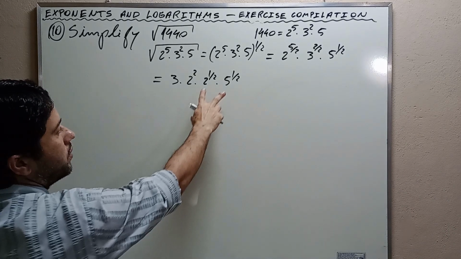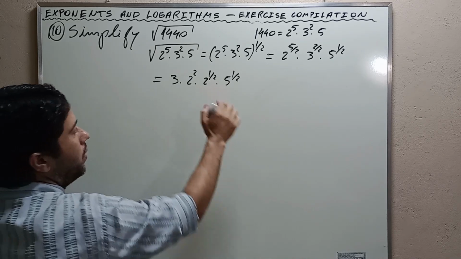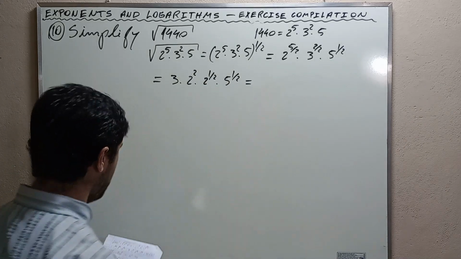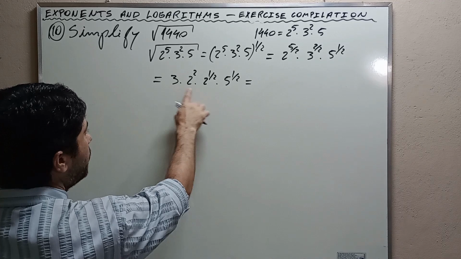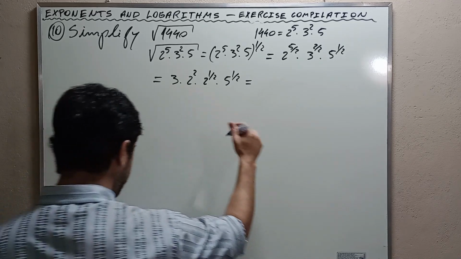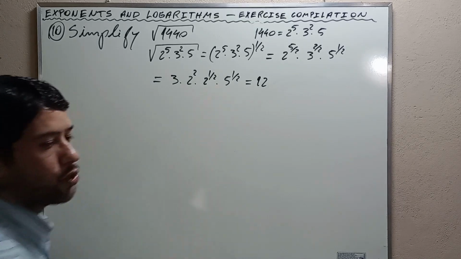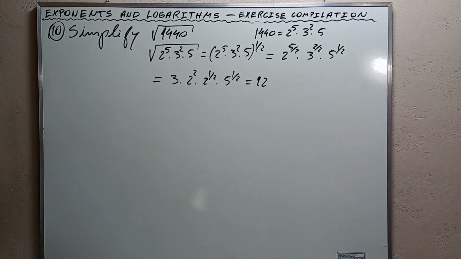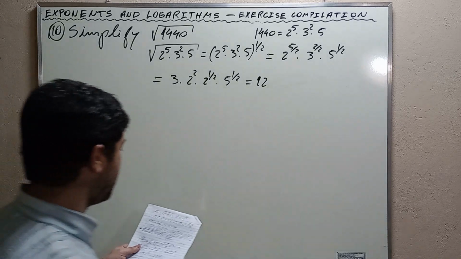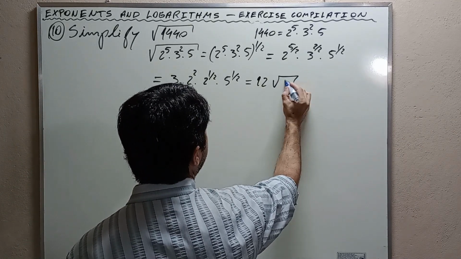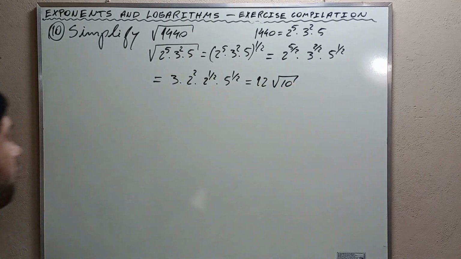And combining these two here, we find that it is equal to 3 times 4 is 12. And the combination of these two here, using one of the properties that we saw in the beginning of the video, we find that it is the square root of 10, okay? And this is the solution of exercise 10. Let's go to exercise 11 now.